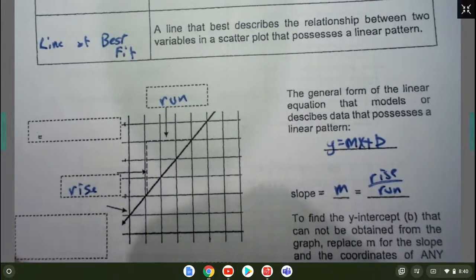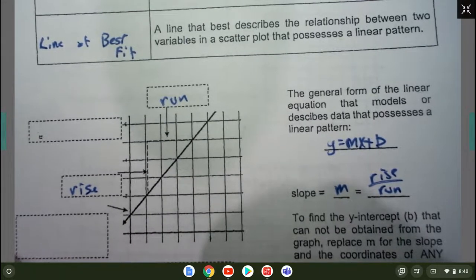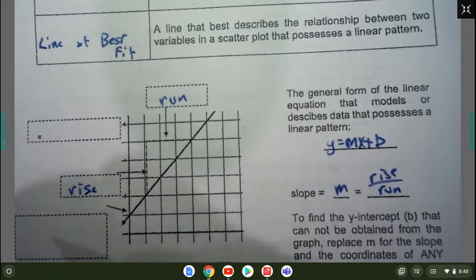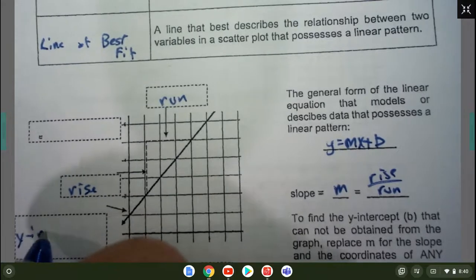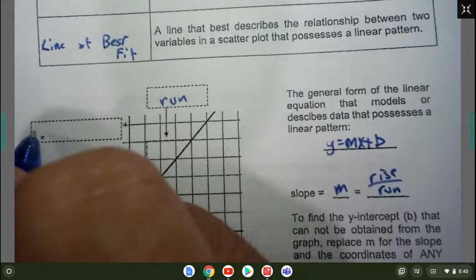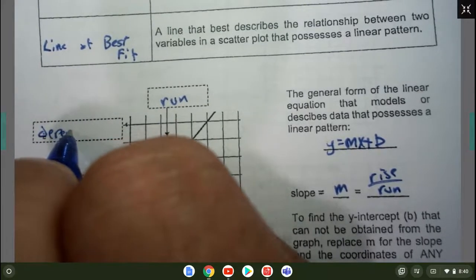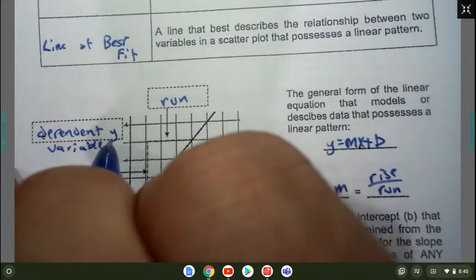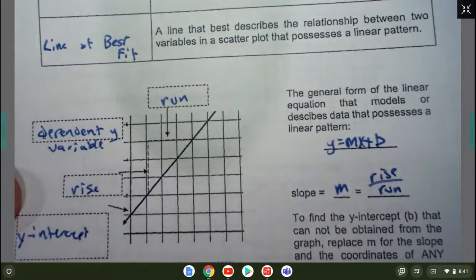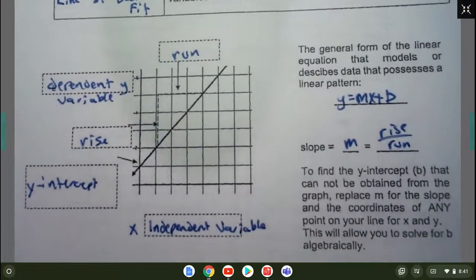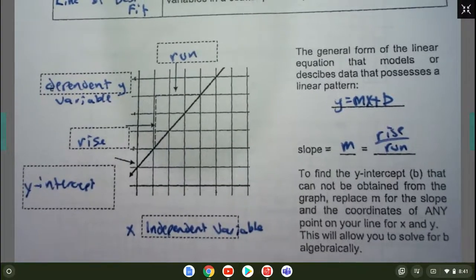I guess this is our independent variable here. Oh, this would be our y-intercept. Rise over run is how we find our slope. So this would be our dependent variable. This is obviously the y, this is the x. So we got all that labeled there, straightened out in those boxes.